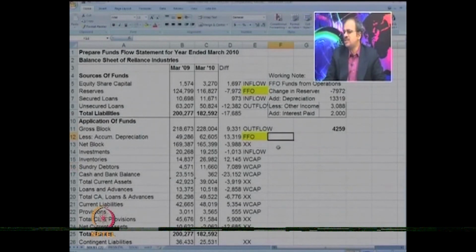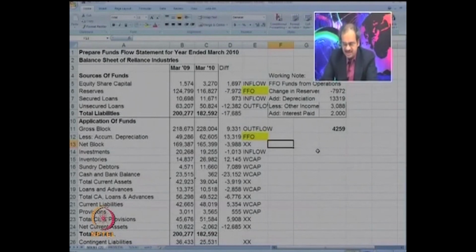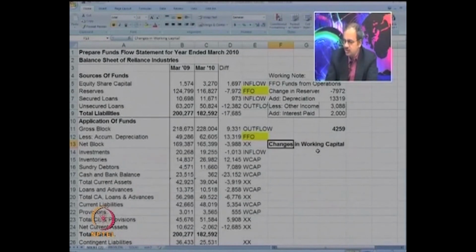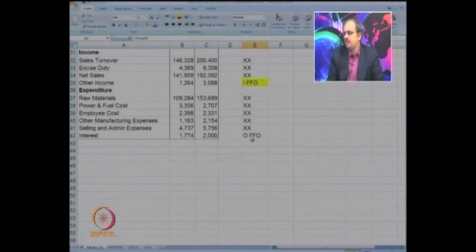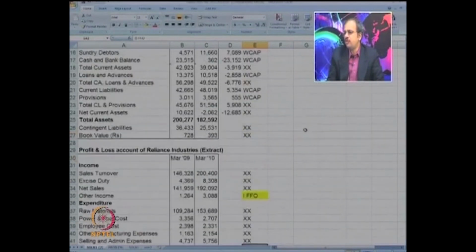Now, next calculation we have to do is for changes in working capital. Now, naturally you will look for items which are marked as W cap. So, take a look at the items which have been marked as working capital. Wait a moment, first let us mark this FFO.